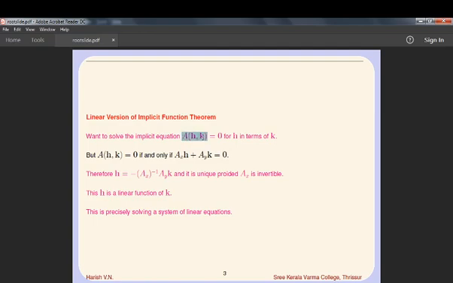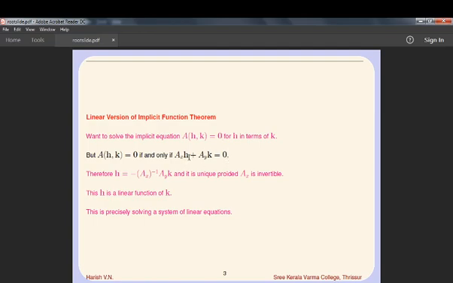So this is an implicit expression. If I can write h in terms of k explicitly, then this implicit function becomes an explicit function. Okay. So, but what is A of h comma k? It is precisely AXH plus AYK. So, A of h comma k equal to 0 if and only if AXH plus AYK equal to 0.